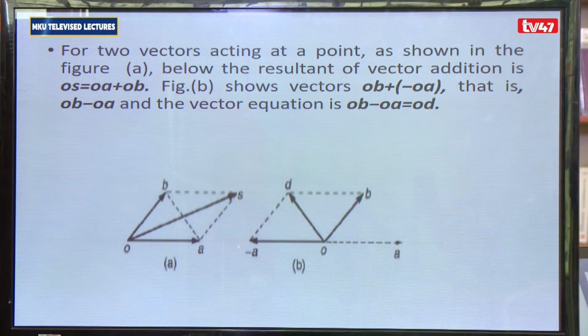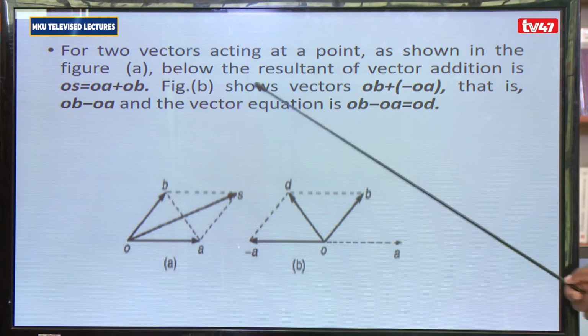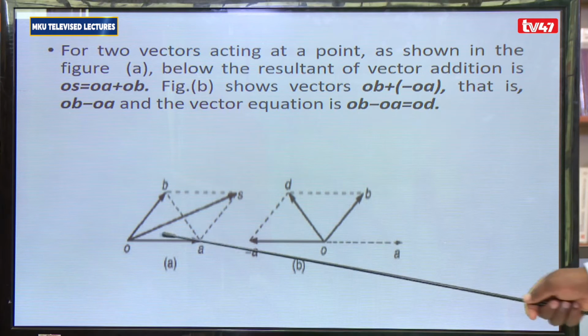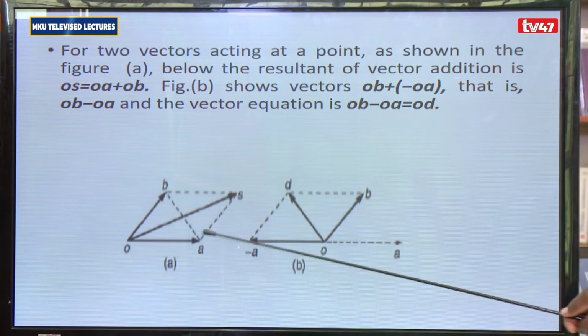Remember, in vector subtraction, it is like having OB plus what you are now subtracting, which is a negative vector. Here we have OB, and we are subtracting OA.